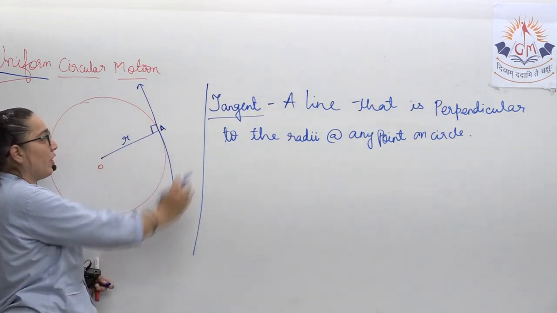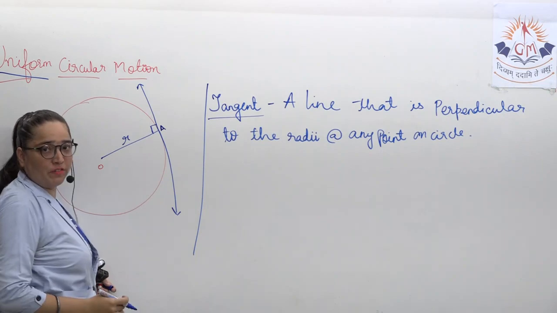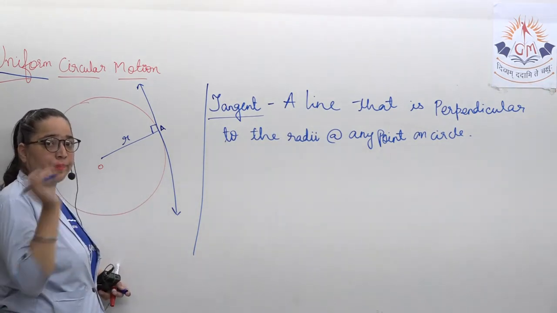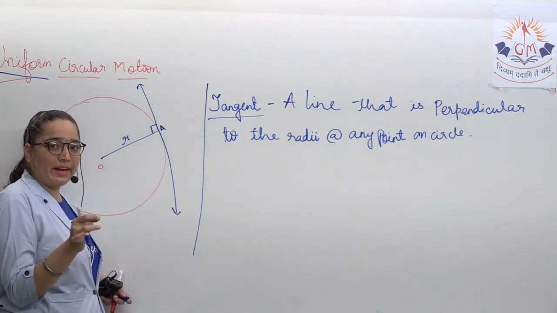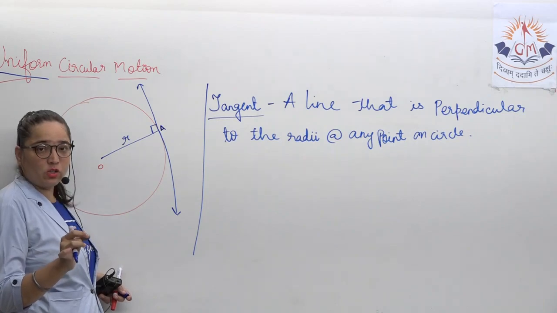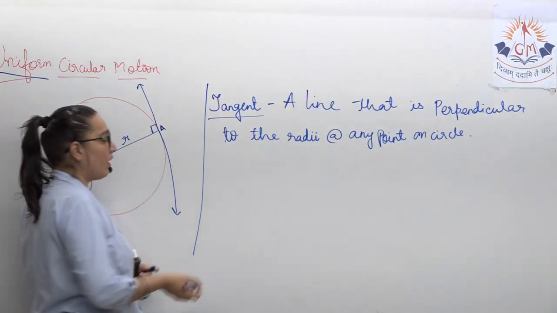When the object is moving on a circular path, it is following the direction of the tangent. Okay, imagine you're tying a stone with a thread and you're whirling it, that is the langari that I was saying. What will happen?